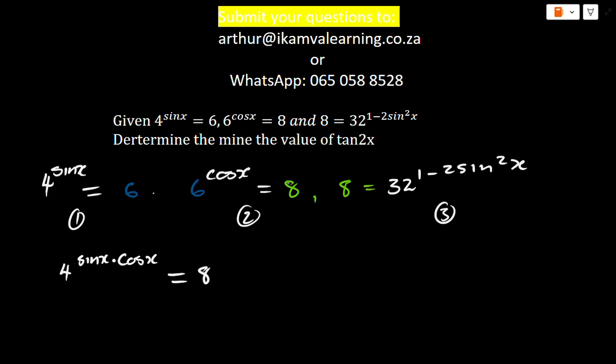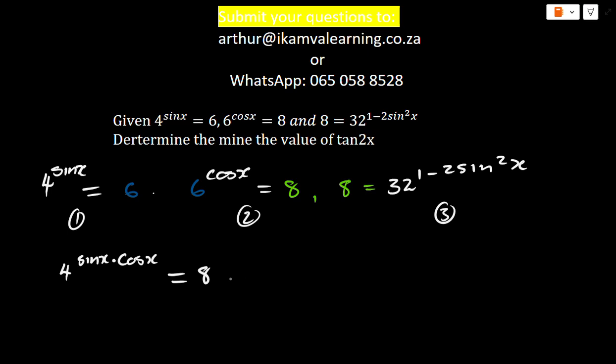Here, the connector between equation 2 and equation 3 is what? Is 8. That means in place of 8, I can plug in this value over there. But what is this value? We have just said that this 6 to the power cos x is 4 to the power sine x times cos x.